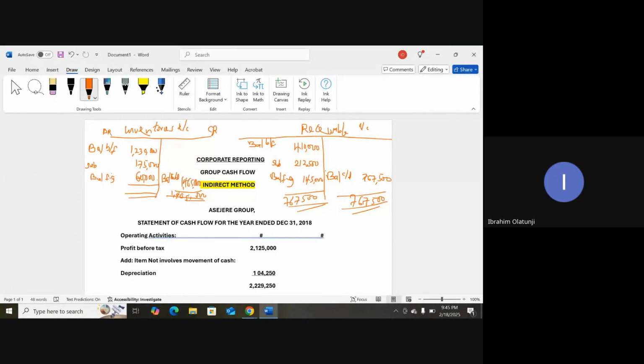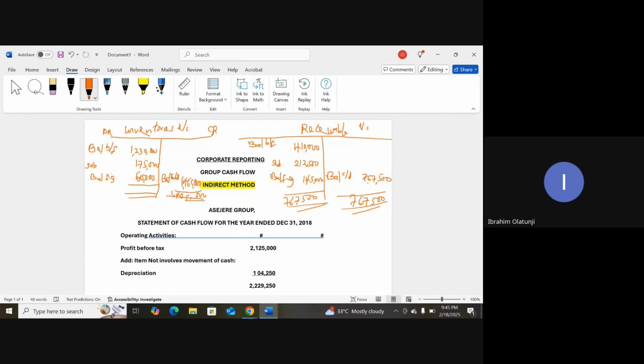What this implies is this: your receivables in 2017, as your opening balance, is lower than your receivables in 2018. It means that the amount people are owing you in 2017 is lower than the amount owing you in 2018. It means that you've sold more.